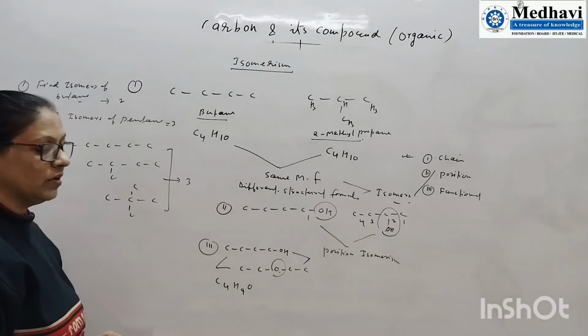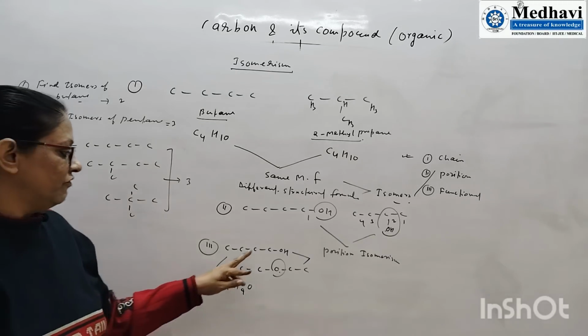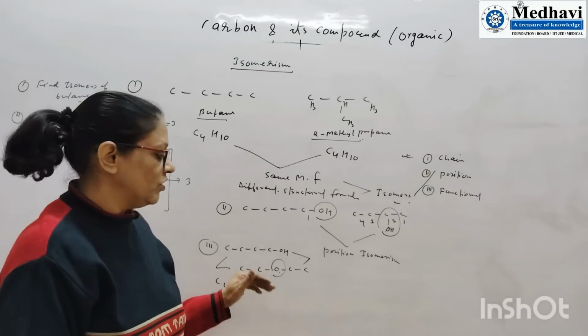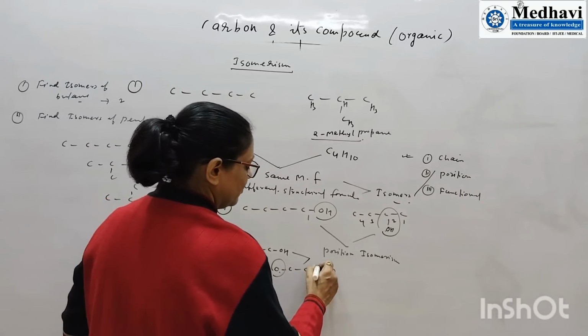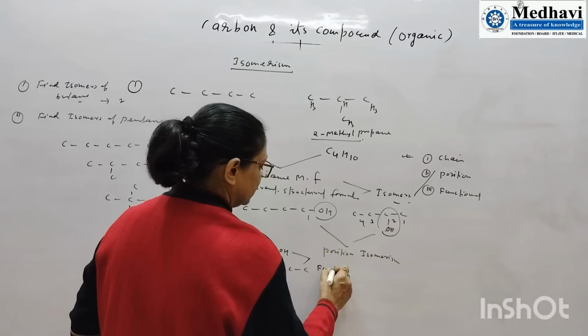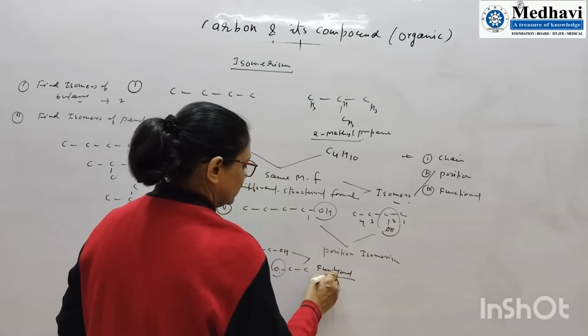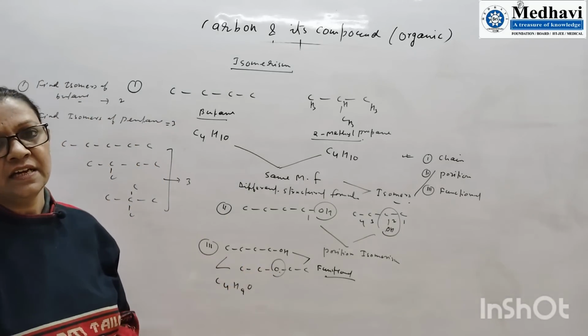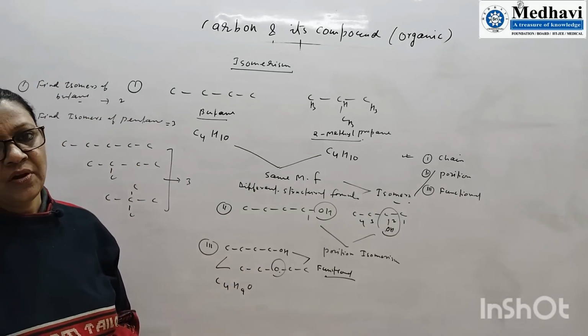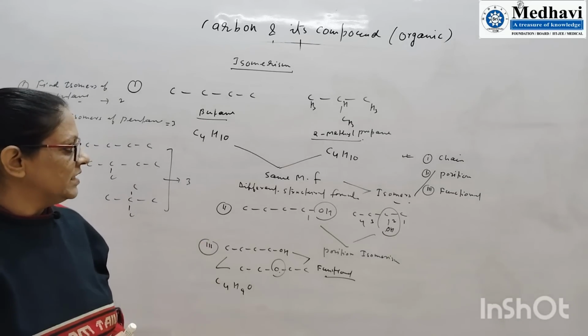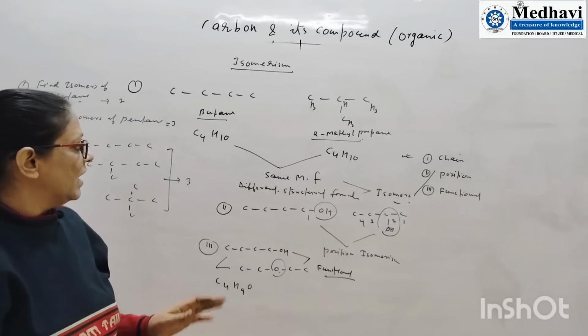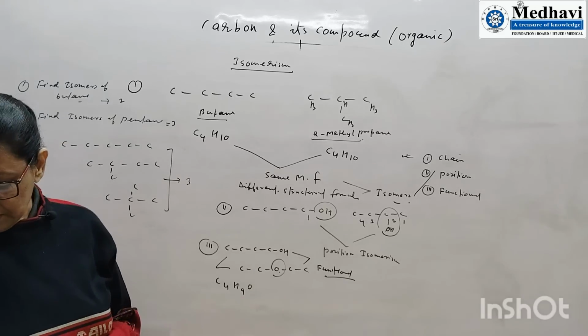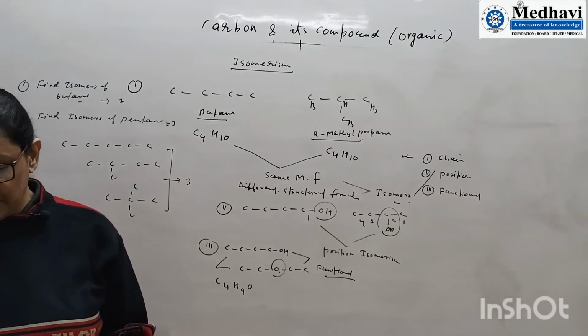Both have the common molecular formula, but they have different functional groups. So this is functional isomerism. You must remember that aldehydes and ketones are functional isomers. Alcohols and ethers are functional isomers. So in this way we can get different functional isomers and we will solve questions based on that part.